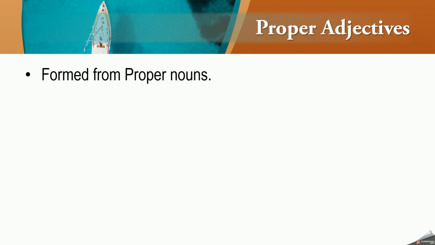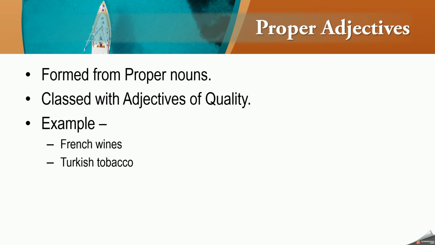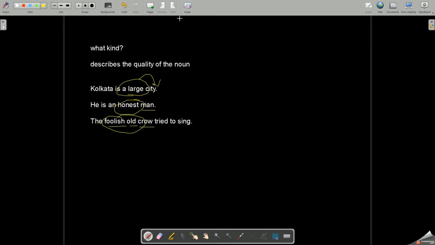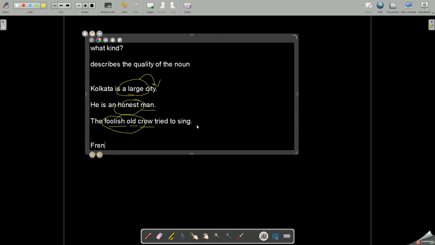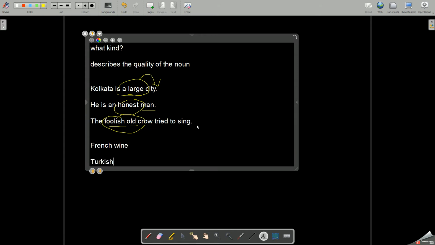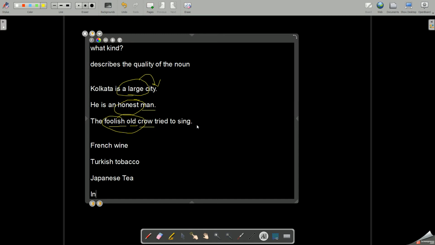Next is proper adjectives. They are formed from proper nouns and they are classed with adjectives of quality. For example, French wines, Turkish tobacco, Japanese tea. So in these statements you can see, if I write French wine, Turkish tobacco, Japanese tea, Indian spice.